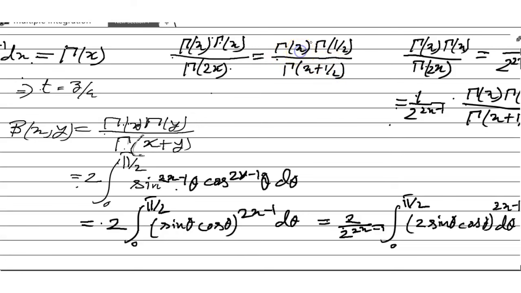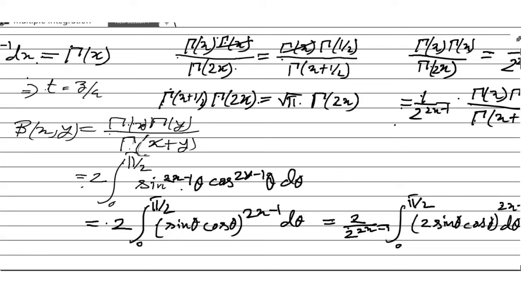Now I can cancel this portion, gamma x. Gamma half is equal to root pi. So root pi into gamma 2x is equal to 2 to the power 2x minus 1 gamma x into gamma x plus half.